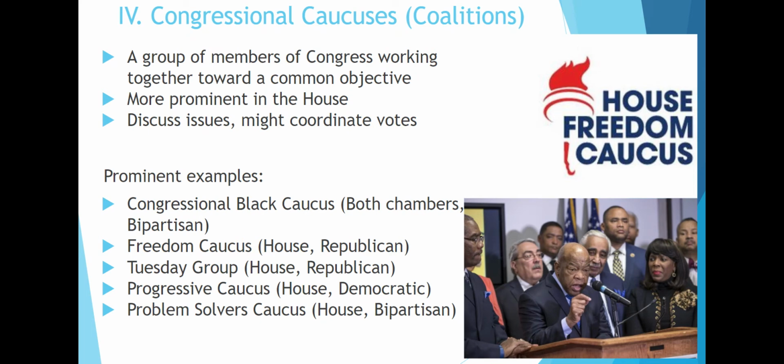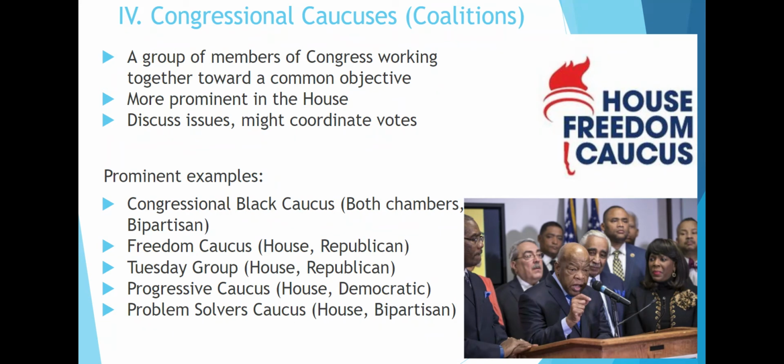Maybe you are all environmentally conscious, and so you get together with other environmentally conscious members of the House of Representatives. You form what's called a caucus. You meet together, you discuss issues, maybe you coordinate your votes on certain bills to try to project power.